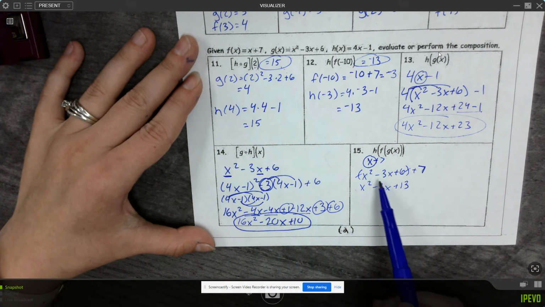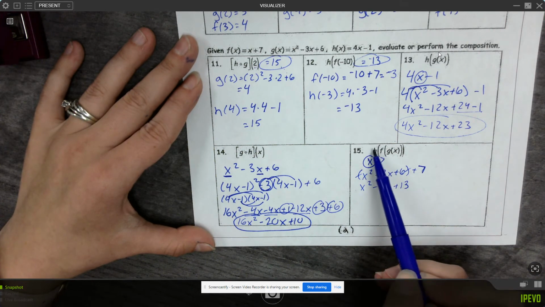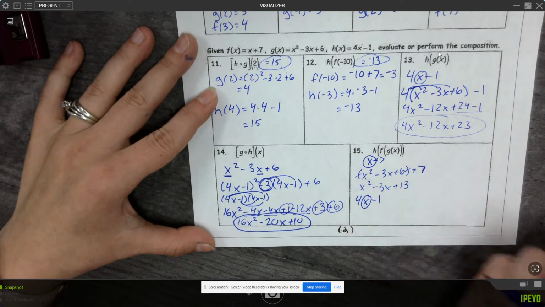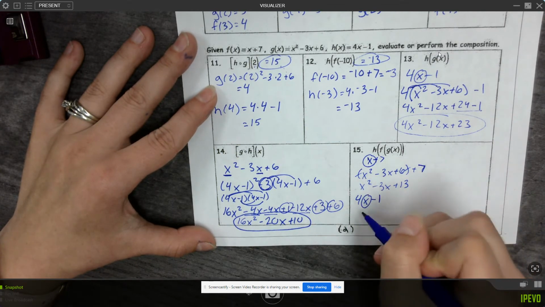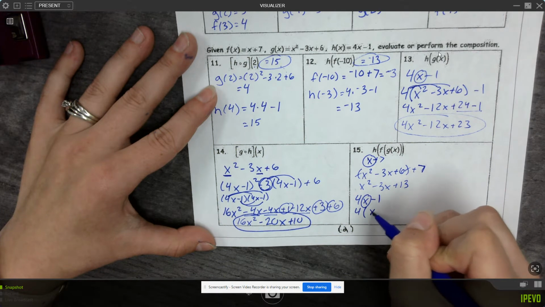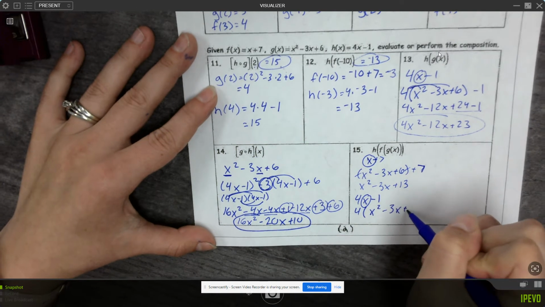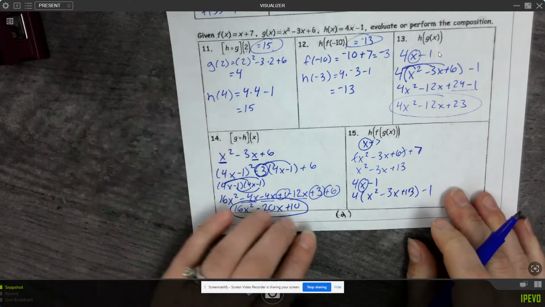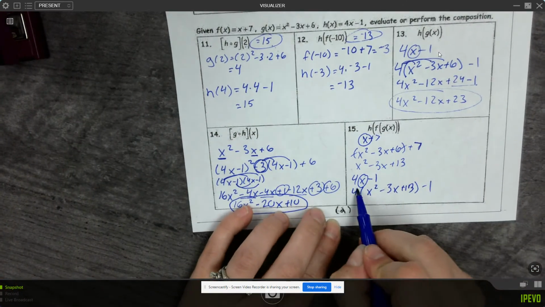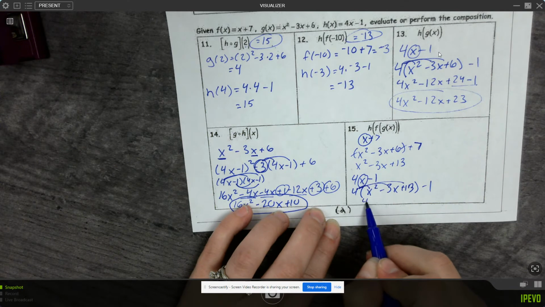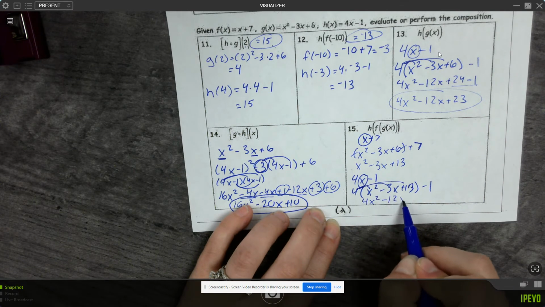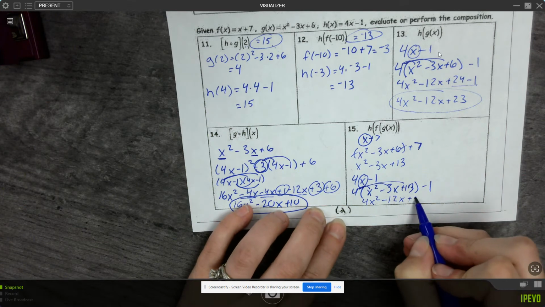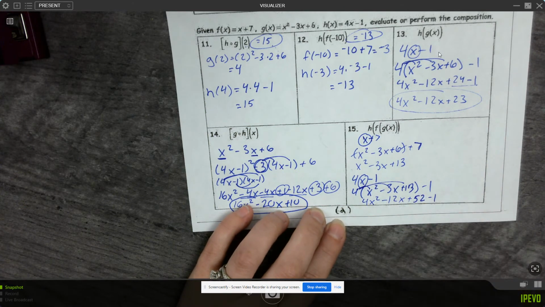Now I'm going to take that and plug it into h. So 4x minus 1, I'm going to replace this x with what I have up here. So 4 parentheses, x squared minus 3x plus 13, minus 1 not in the parentheses. Distributing, 4x squared minus 12x plus 4 times 13, which would give you 52, minus 1.